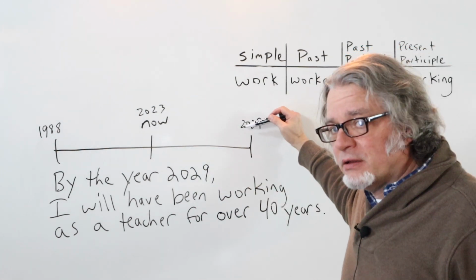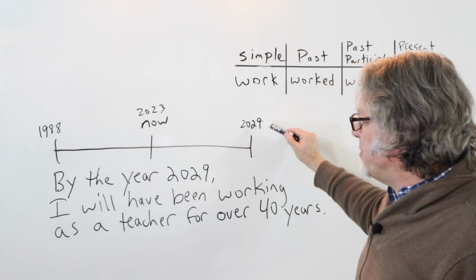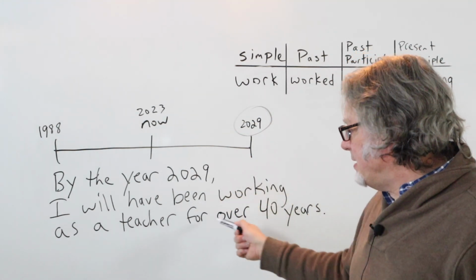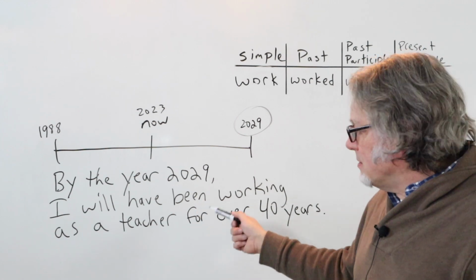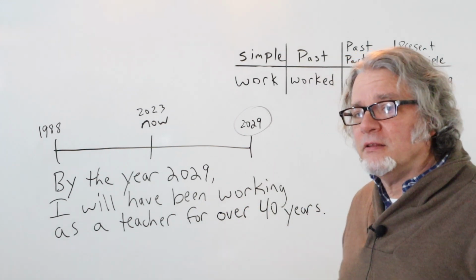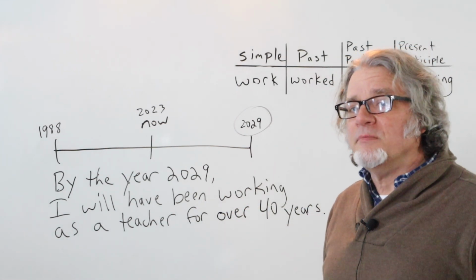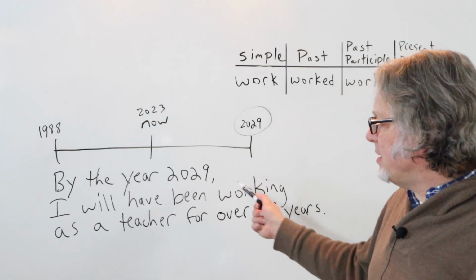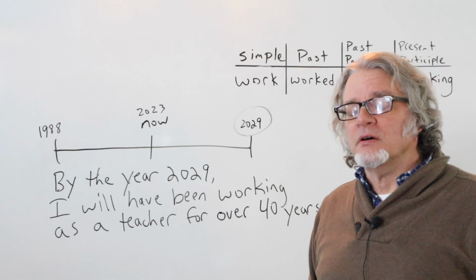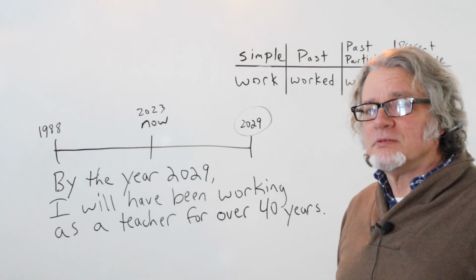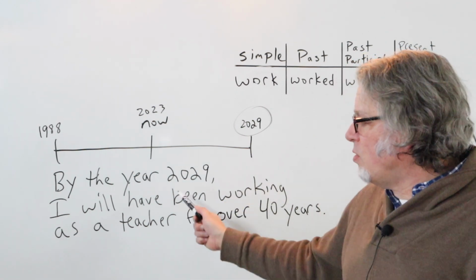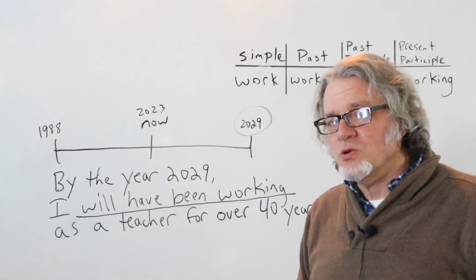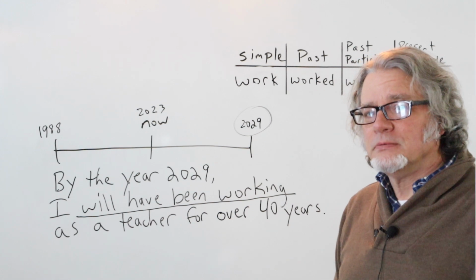And if I think about the future, if I think about this year, for whatever reason, then I would say this. The future perfect tense and the future perfect continuous tense are both very difficult to use. And in this case, I would probably just use the future perfect tense. But it's good to know this because you might hear its use occasionally.